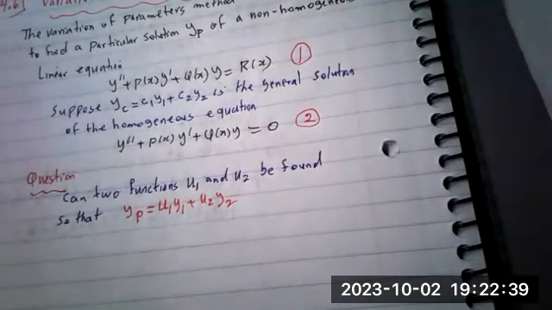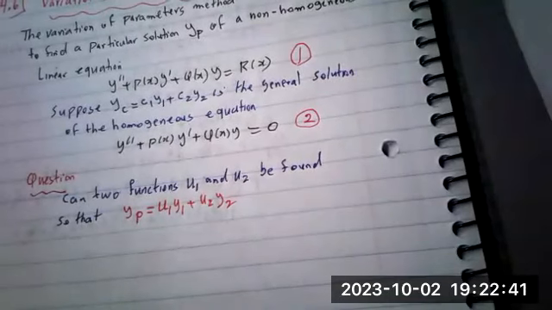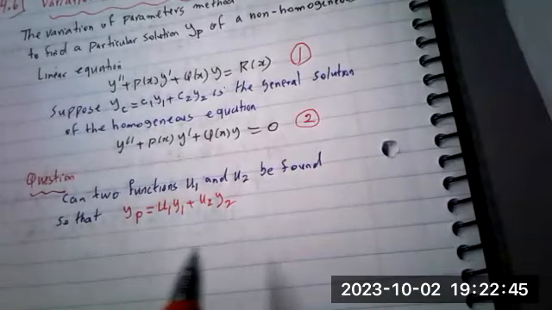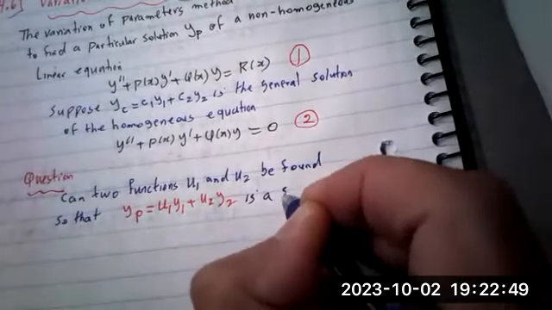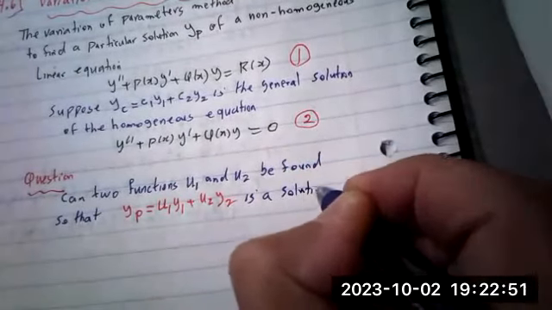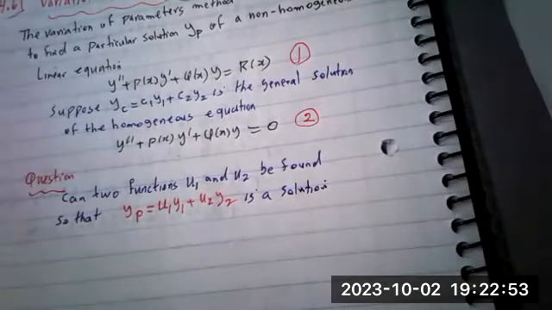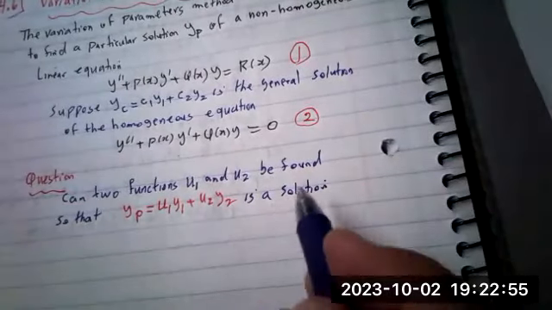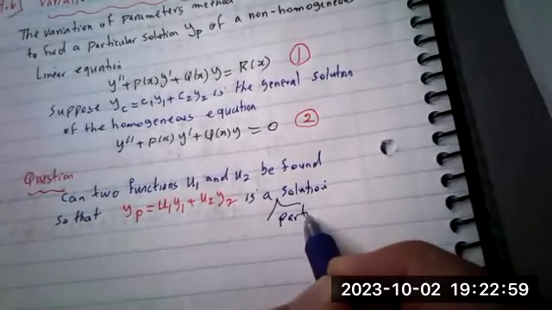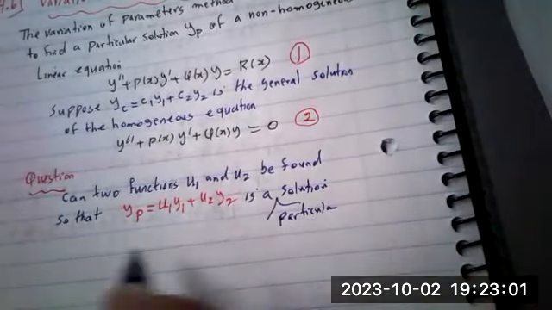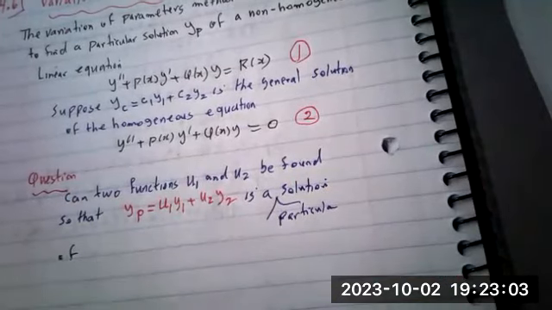Can two functions U1 and U2 be found so that this is a particular solution, a solution of that non-homogeneous equation? It's going to be a particular solution, of course. I have to write it down: a particular solution of the equation number 1.